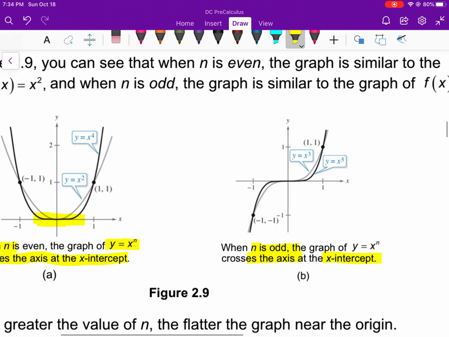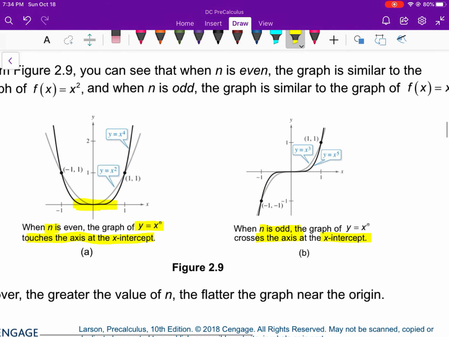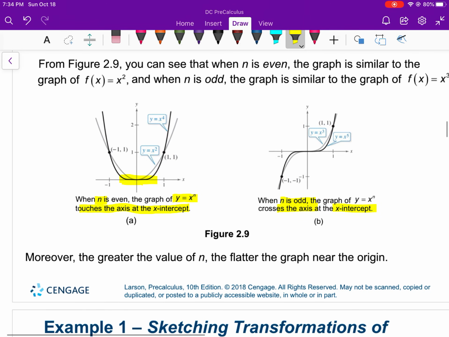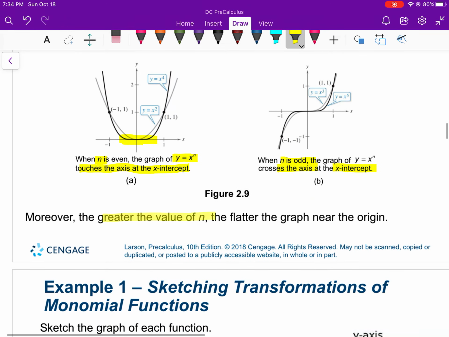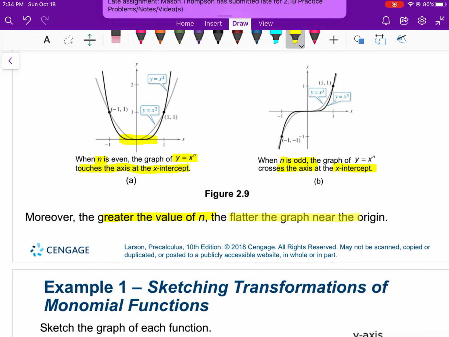And if the exponent is odd, it's always going to be left arm down, right arm up, just like x to the third would be. So they have those characteristics in common. And it does say here, the greater the value of your exponent, the flatter the graph is near 0, 0.